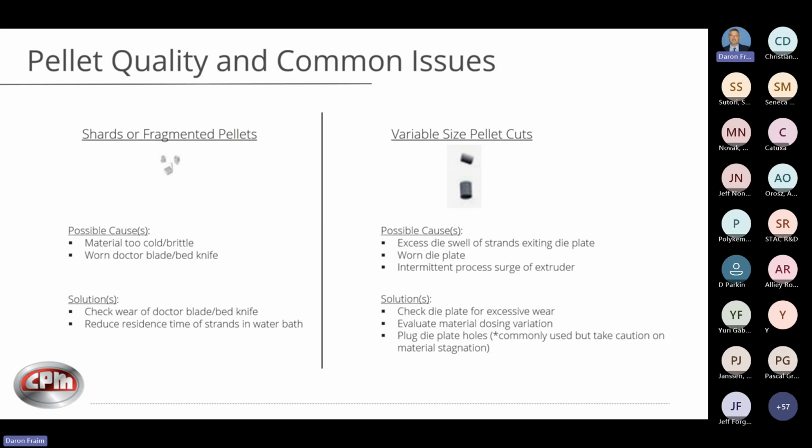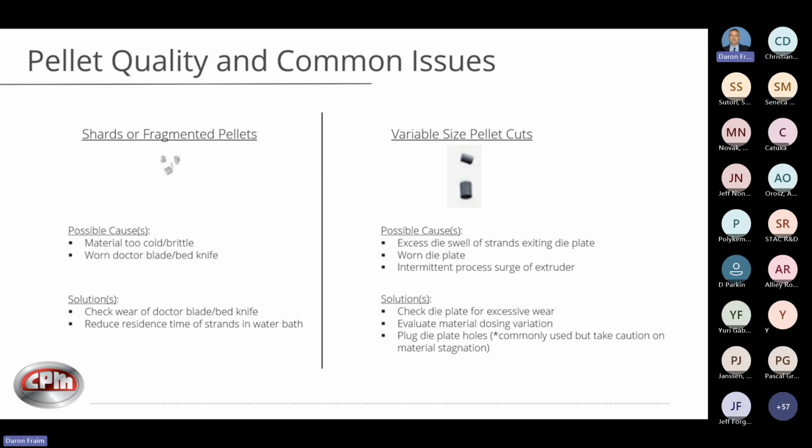So if your extruder is surging, you'll typically see the head pressure vary. And so when there's a surge in higher pressure, you'll tend to see the strands grow in terms of diameter. You'll increase in die swell at the exit, whereas when the pressure cycles lower, you'll tend to see the die swell reduce. So it could be variation due to that.